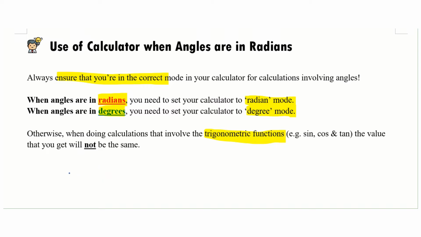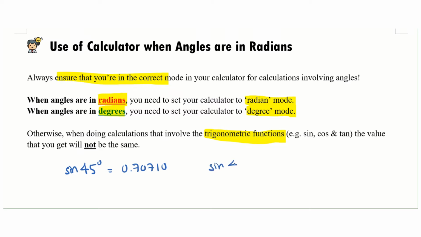If I were to consider, for example, sine 45 degrees and press that into the calculator in degree mode, I will be able to get the value about, let me write this clearly, 0.70710 and so on.